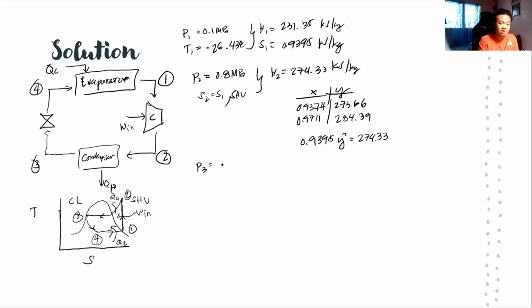Okay, so now let's go to your P3. So P3 is actually 0.8 MPa still. And now it's at a saturated liquid. Okay, saturated liquid. So you can get the H3 here. Let's name it with a small h because it's a liquid.